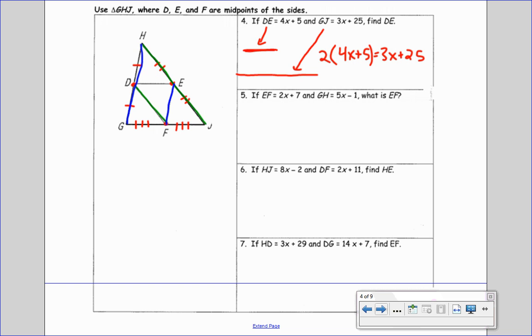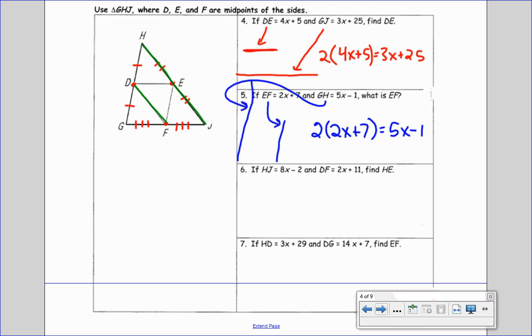All right, let's look at EF and GH. Again, same thing. This is EF and this is GH. So we need 2 of 2x plus 7 to equal 5x minus 1.